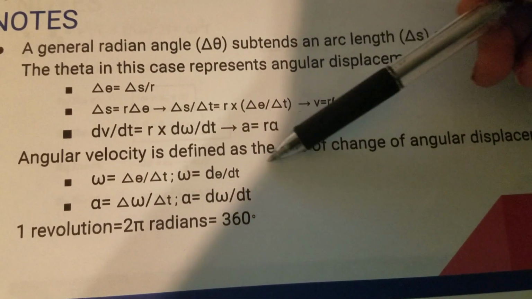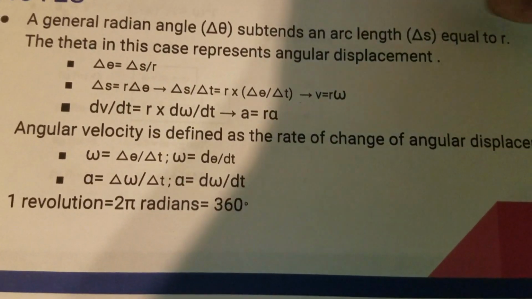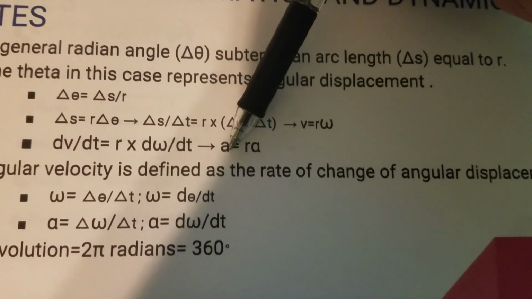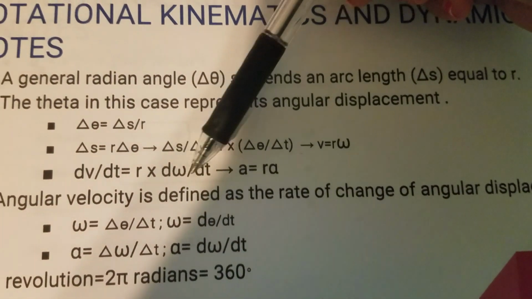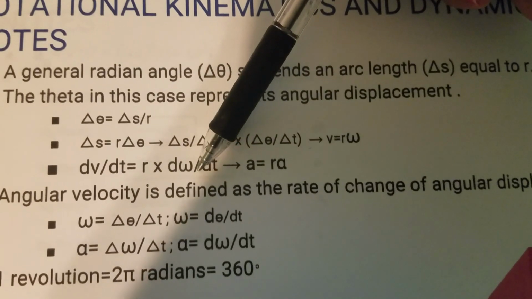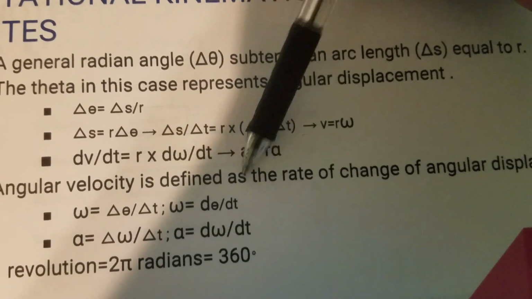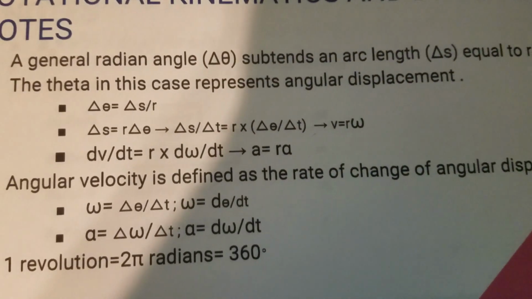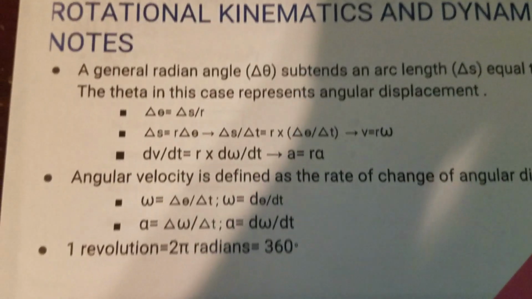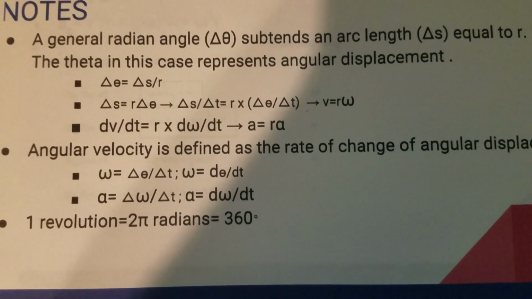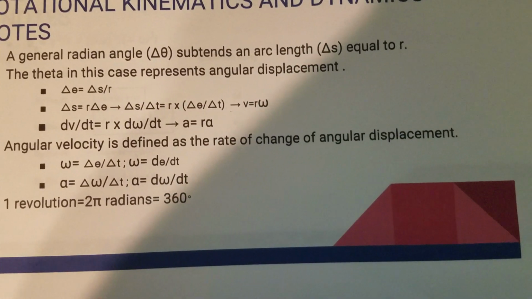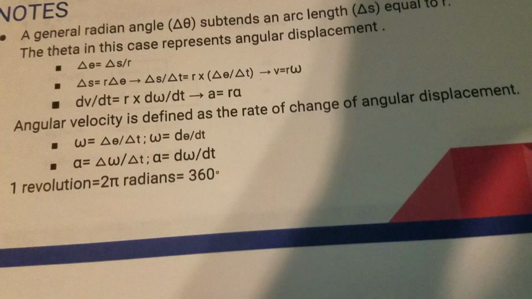And this is also a formula you need to memorize, because you should know that dv/dt is simply equal to acceleration, and the derivative of omega is just the angular acceleration, because they're analogs of each other, so it should be simple. Angular velocity is defined as the rate of change of angular displacement.